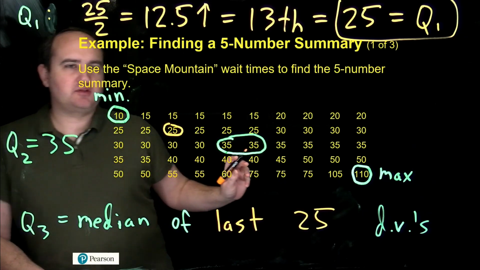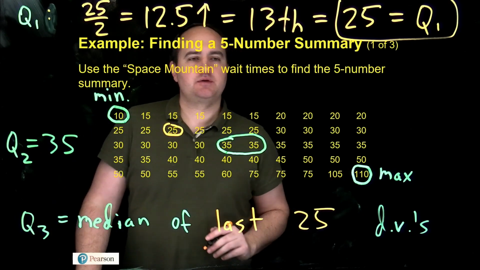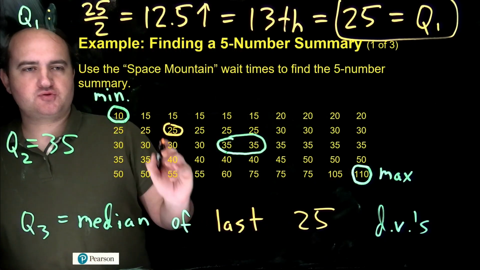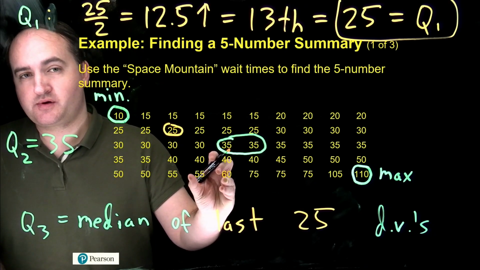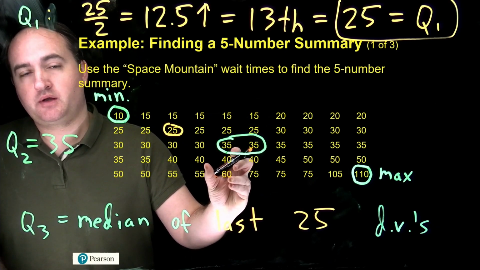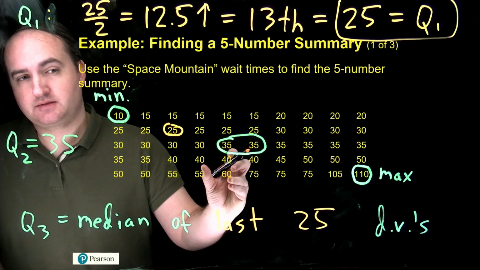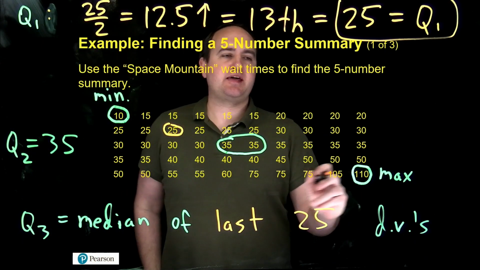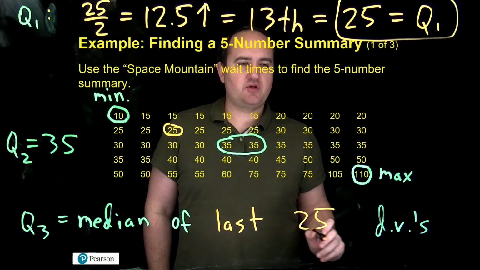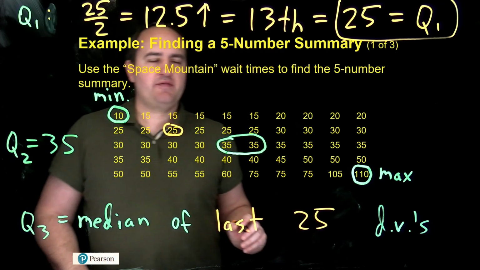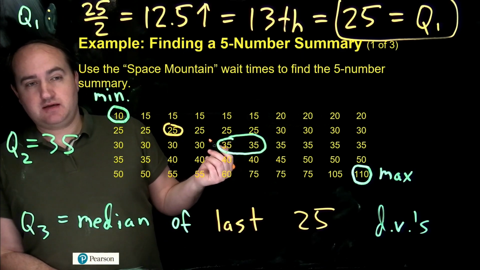So when we're looking at the last 25 data values, remember the first 25 is going to end right here. This is data value number 25. This one is data value number 26. So for the second half of data values, we just want to find the median of the last 25. So that's going to be at position 13.